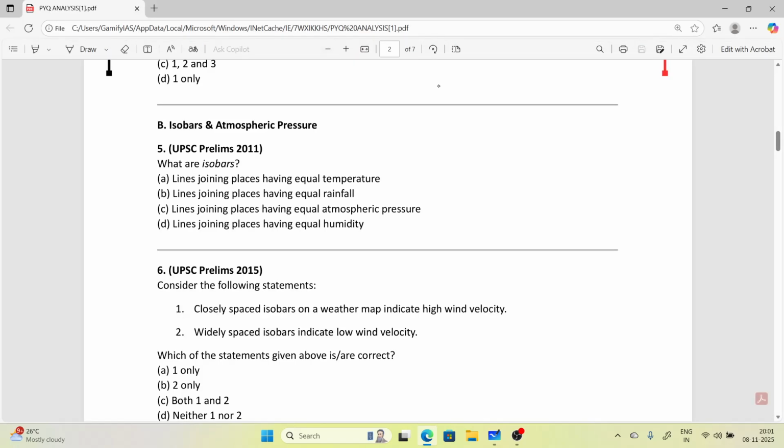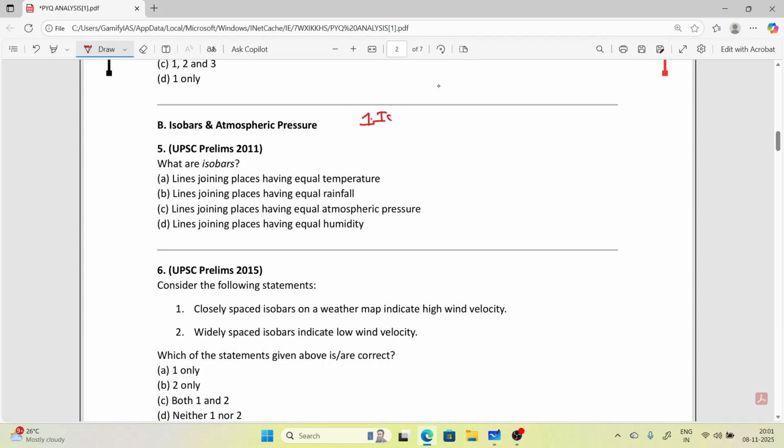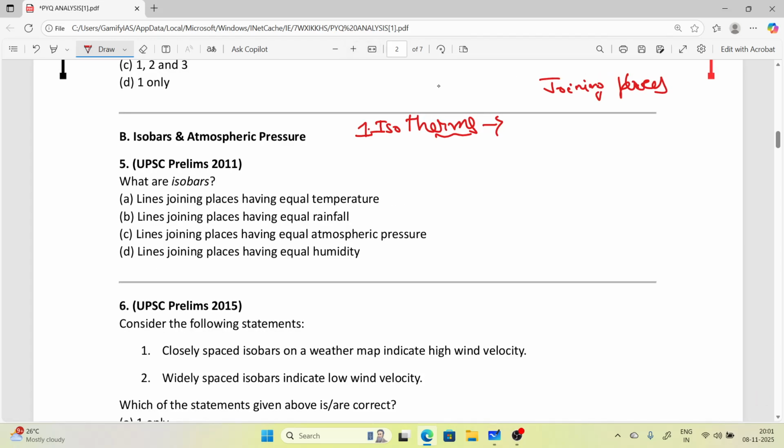Now there are other iso lines as well, which are important to discuss. Isotherms: therm means temperature, so these are lines joining places having equal temperature.